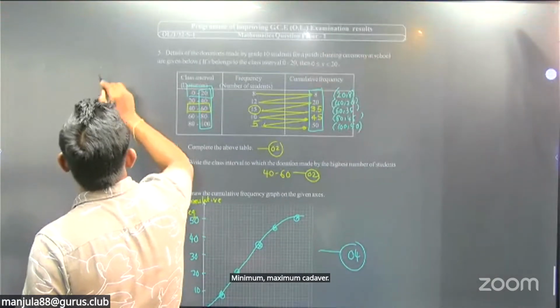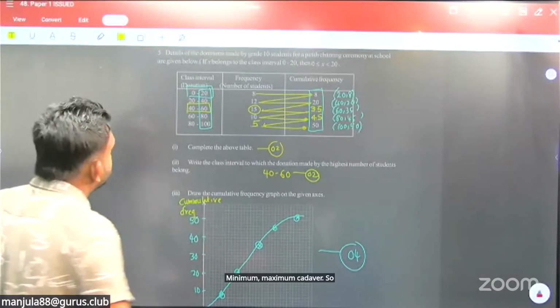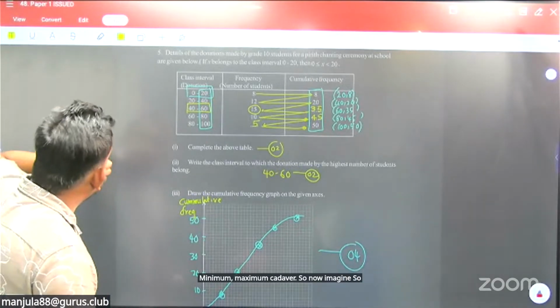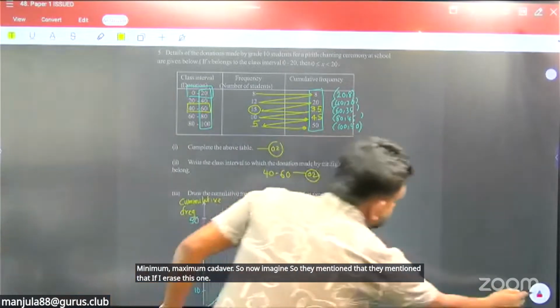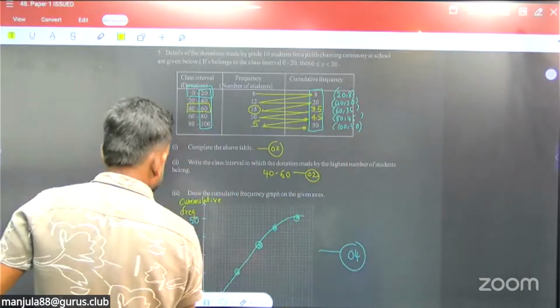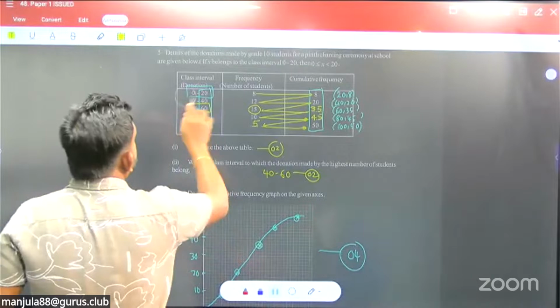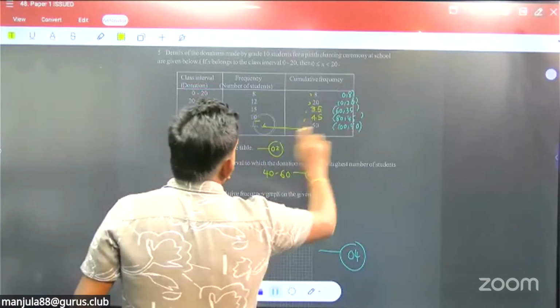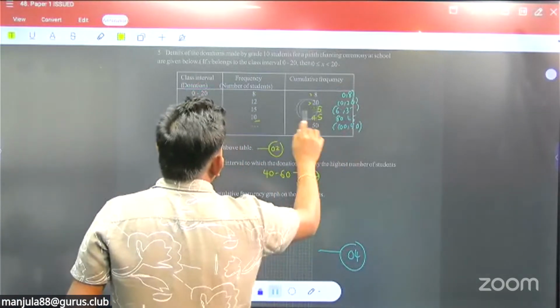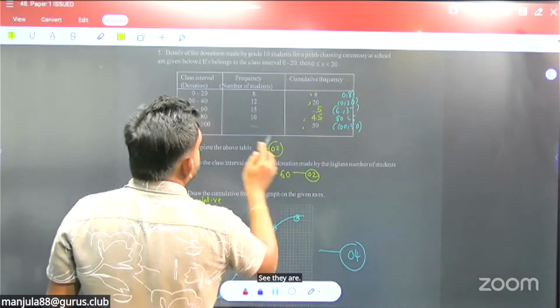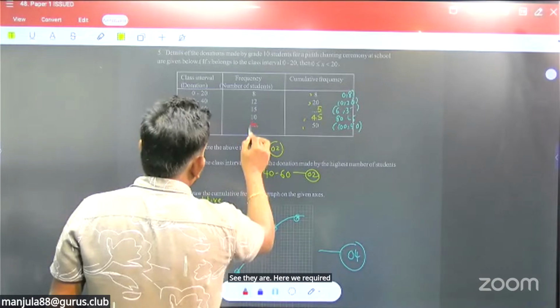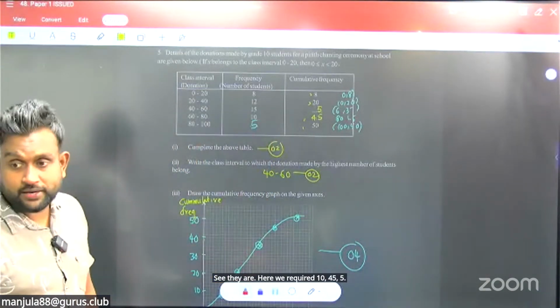So now imagine. They mentioned that if I erase this one, see there, here we required 10, 45, 5. Look at this carefully.